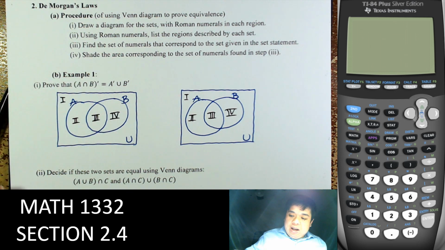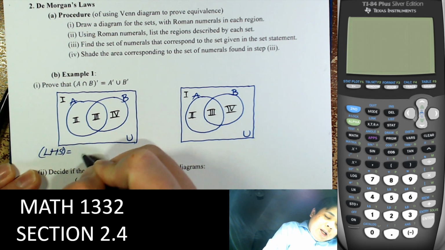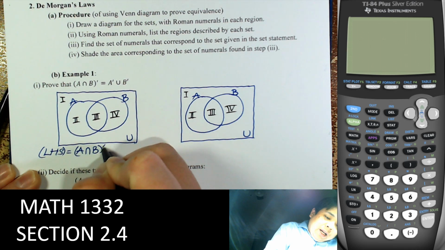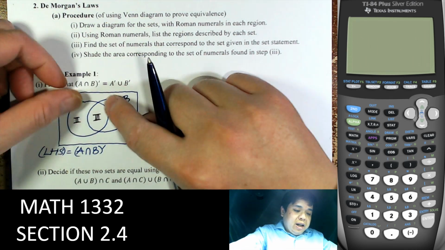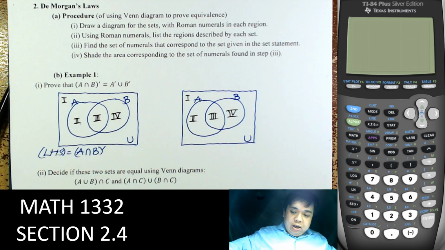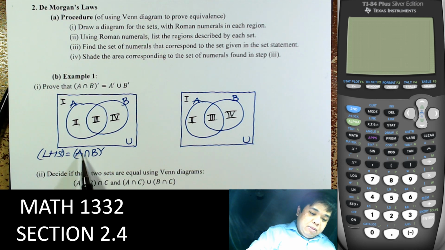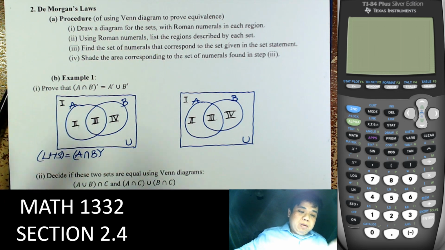So first, the left hand side here, it is the complement of A intersect B. The intersection of A and B will be the 3, right? But the complement means outside of that, so it has to be 1, 2, and 4.